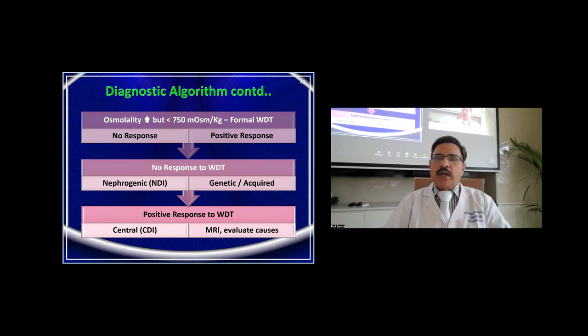Other causes, hypercalcemia, you treat the cause. That is secondary nephrogenic diabetes. Congenital NDI will not have any underlying cause to remove. Genetic cause cannot be treated. Little vasopressin may be helpful, but usually they have problems.